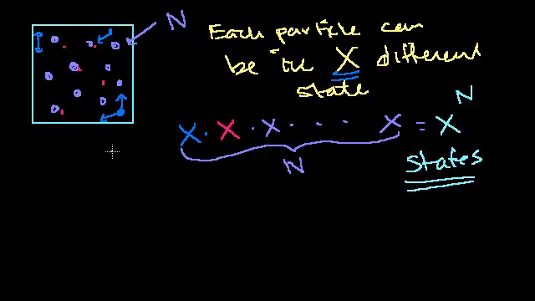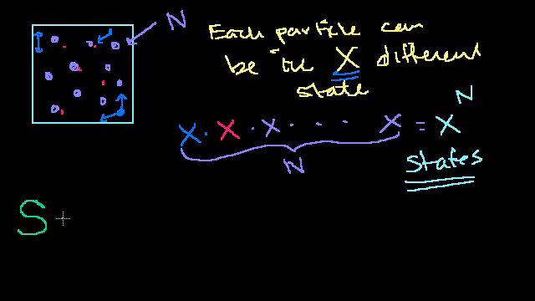So this is kind of a macro state variable. It tells me how many states can my system be in. And let's call it S for states. For the first time in thermodynamics, we're actually using a letter that in some way is related to what we're actually trying to measure.